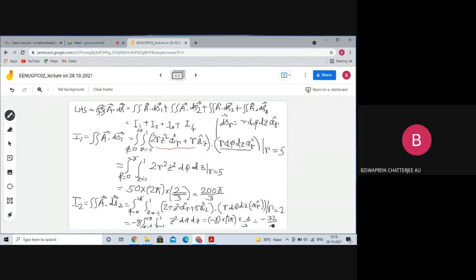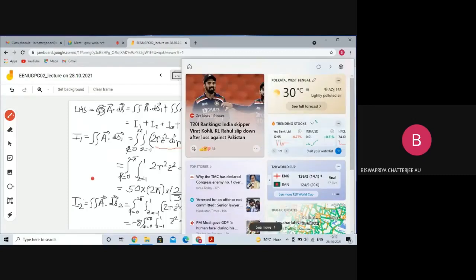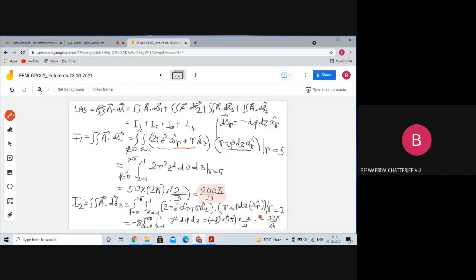Sorry, not 32 by pi. The answer will be 32 pi by 3 with a negative sign. So there are two answers. The first integration is evaluated as 200 pi by 3, and the second integration is evaluated as minus 32 pi by 3.